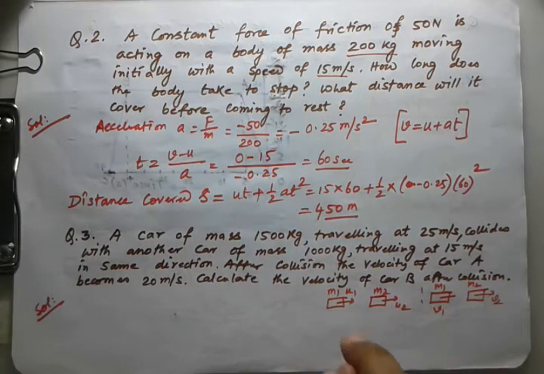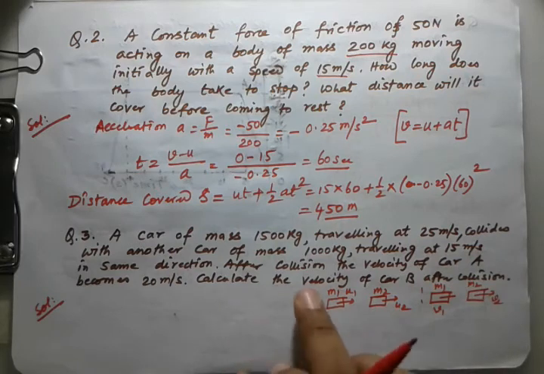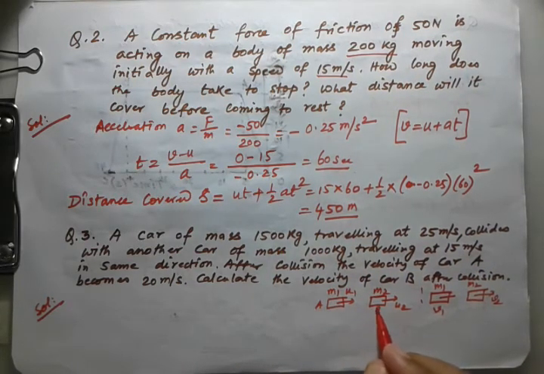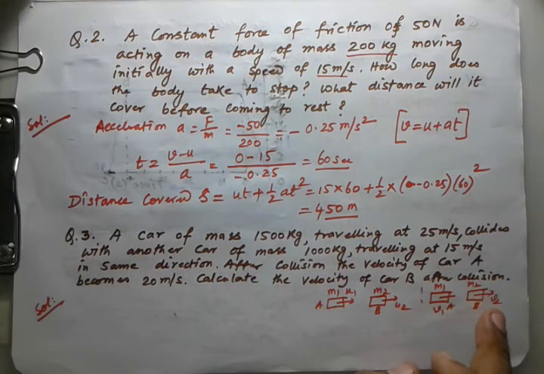So m1, u1, m2, u2 are given. Suppose this is car A and this is car B. The velocity of car A is given as 20 meters per second. That means v1 is given, but v2 is not given.